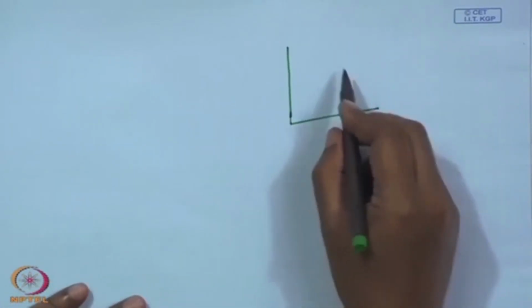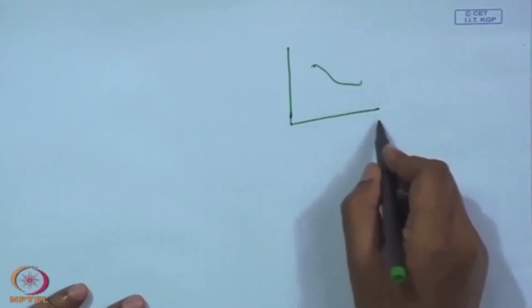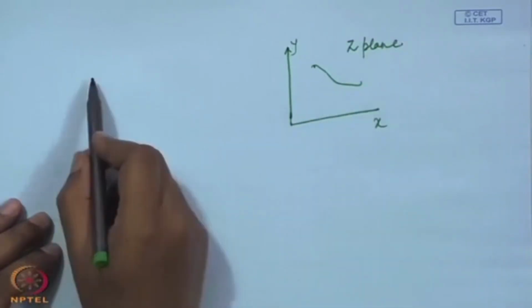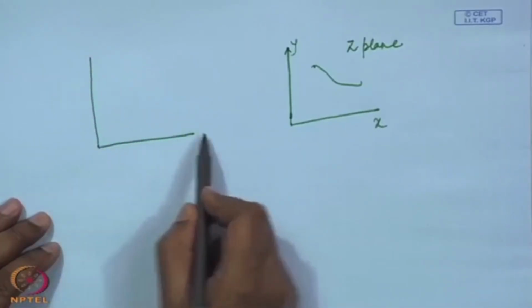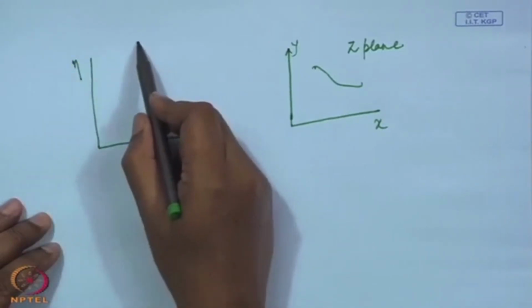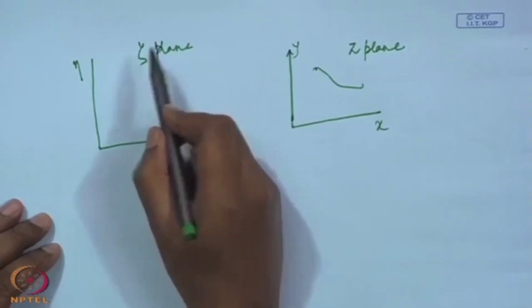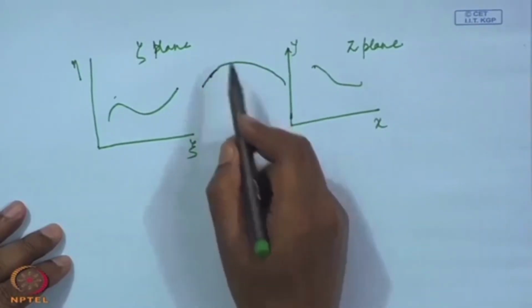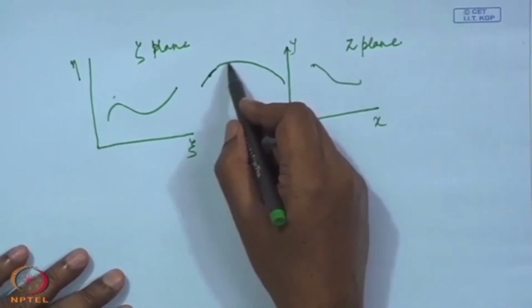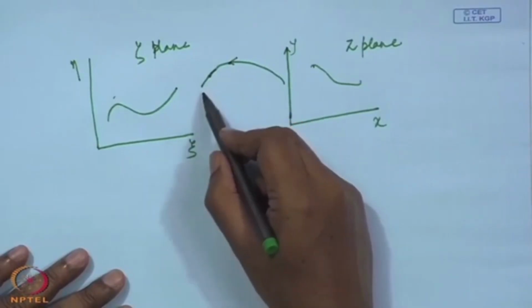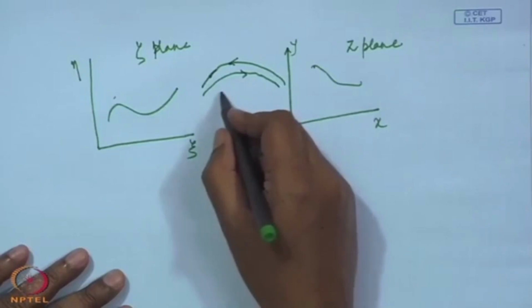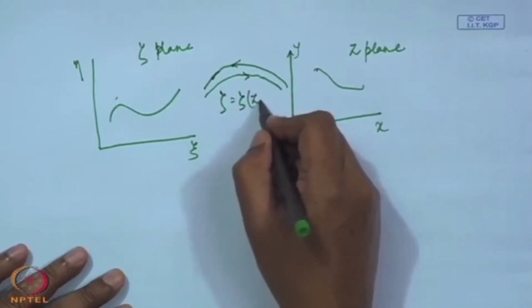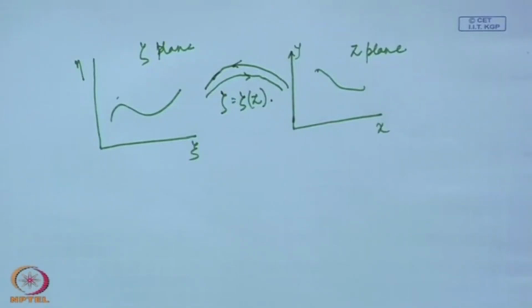Think we have a curve in the z plane, and we are using the transformation zeta as a function of z.